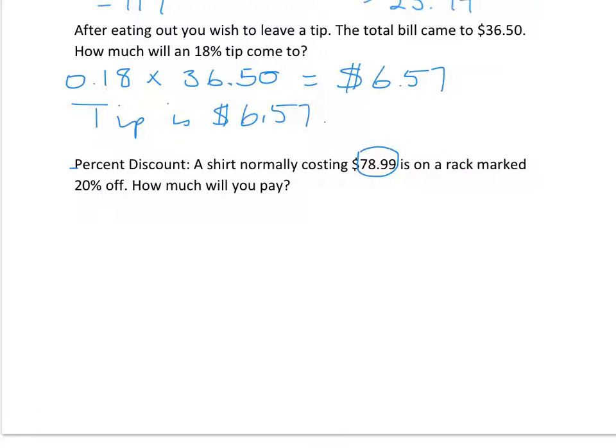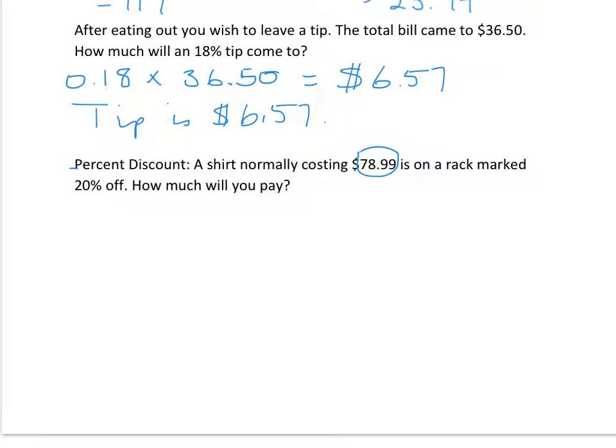But you can save yourself one step with this type of question by thinking about it this way. If I'm taking 20% off, what percent am I paying? I'm actually paying 80% then, because the amount off plus the amount you're paying is 100% of the total.